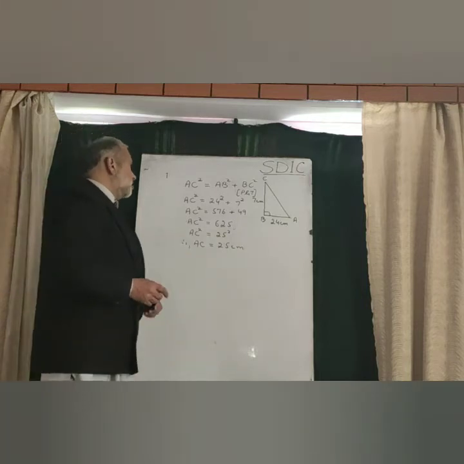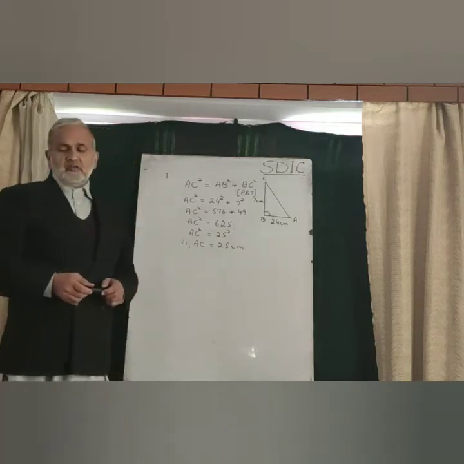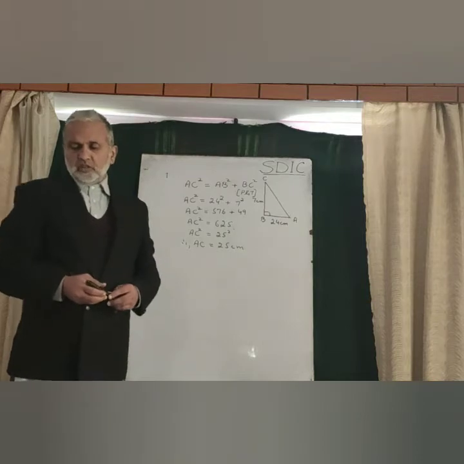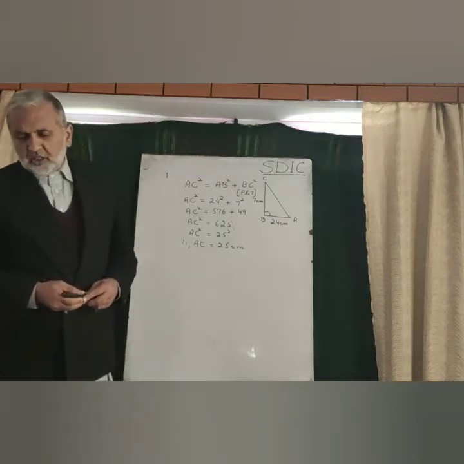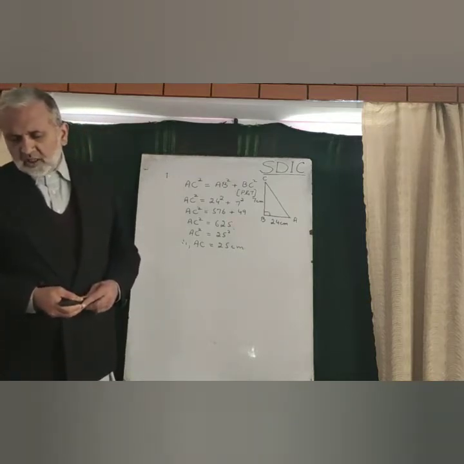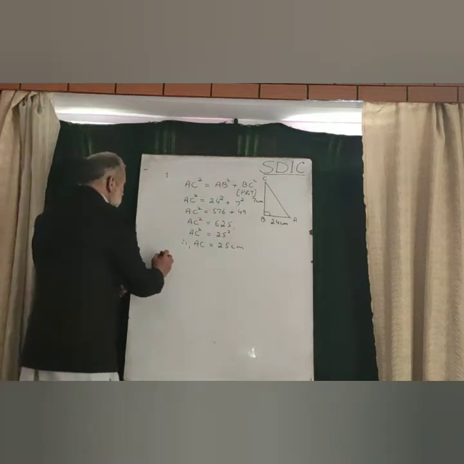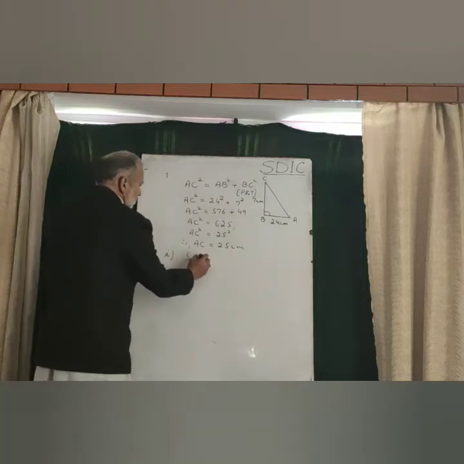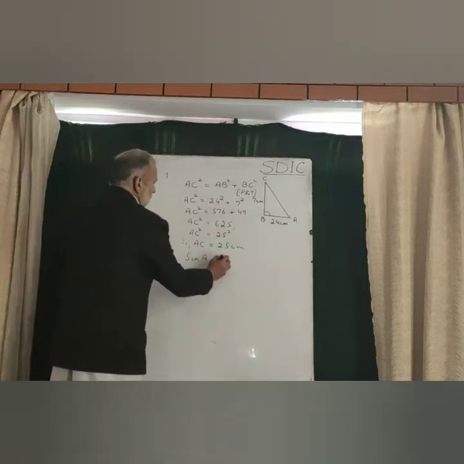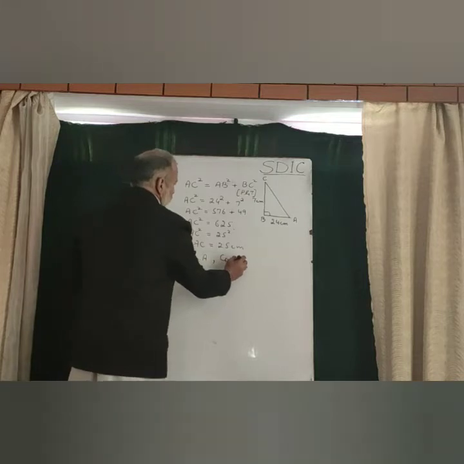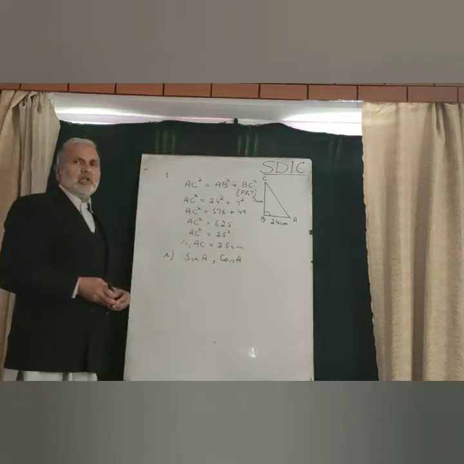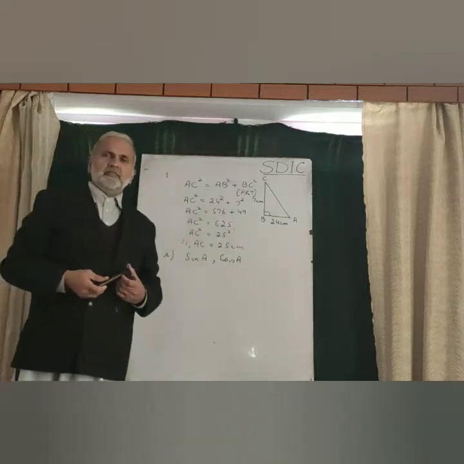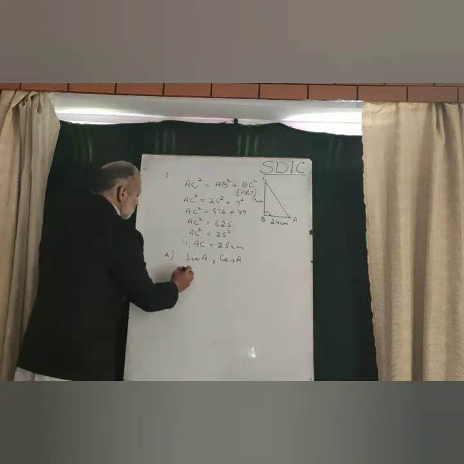Now, knowing the lengths of all the three sides, we will now find what is required. In the first part of the question, number 1, we are asked to determine first part, sine A, and you have comma there, cos A. You have to find the value of sine A and cos A. Let us first find sine A.